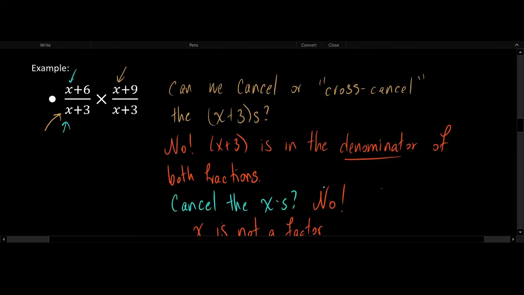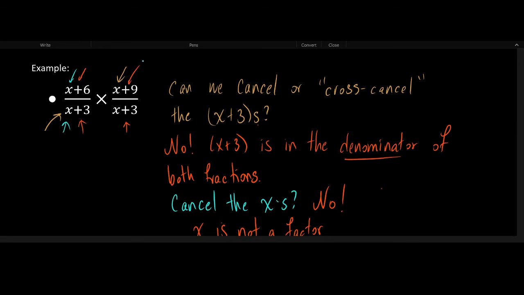And that's because every single one of these 4 x's is in contact with a plus sign. So as we discussed yesterday, if your x is in contact with a plus sign, it cannot be canceled out because it's not a factor.